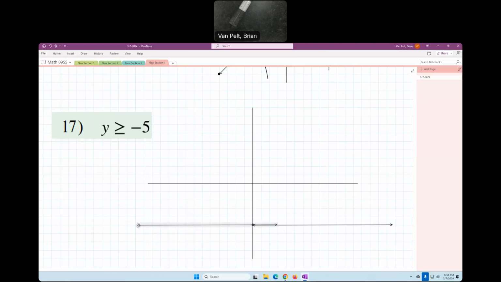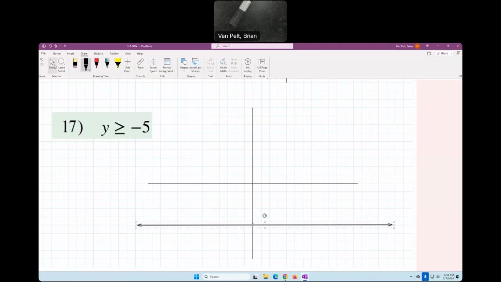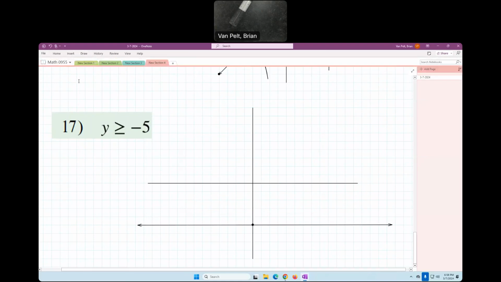I wanted to grab it and make it longer. All right, so we've got that down. Now, which way should I shade, below or above? Above, because y is greater than or equal to in this one.